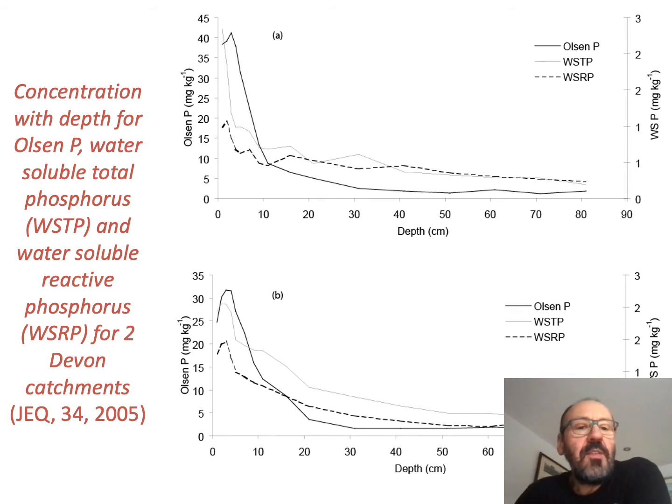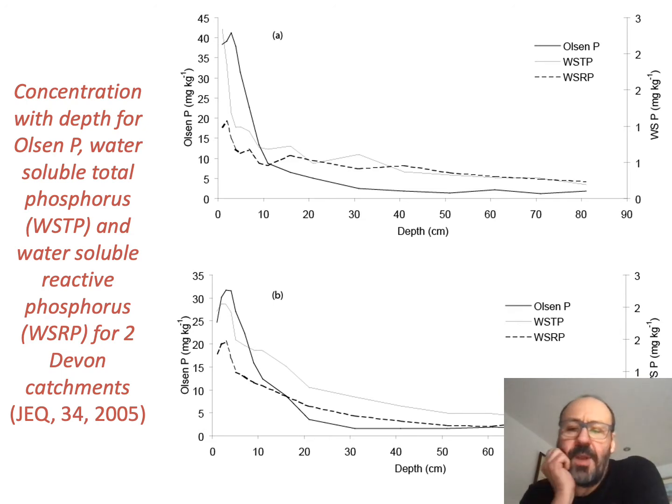We can see that the Olsen's phosphorus, this measure again of the available P in the surface soil, accumulates right near the surface. Going deep down under the soil surface, the Olsen's P falls off very quickly, and it's very much enriched near the soil surface.